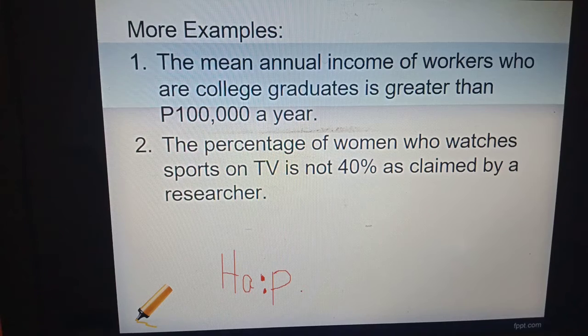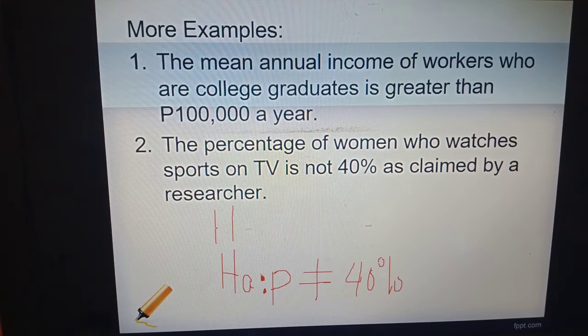So, merong topic sa grade 11 na proportion. So, ito ay is not. So, ito ang ating symbol, is not equal sa 40%. Siyempre, kapag not equal yung alternative hypothesis, ang ating null hypothesis ay P is equal to 40%. Ganun lang po kasimple mga kaibigan.